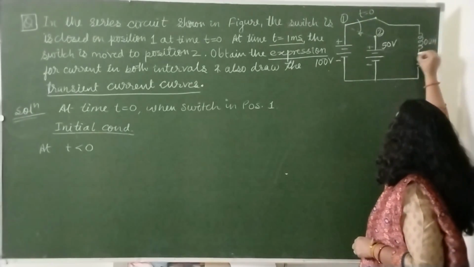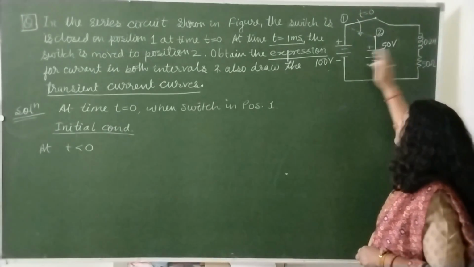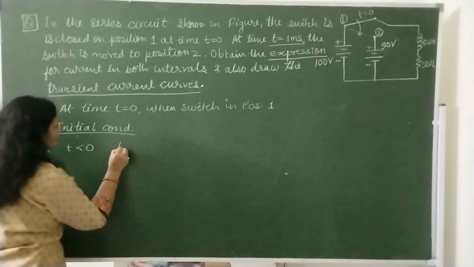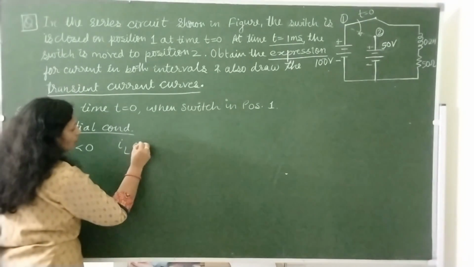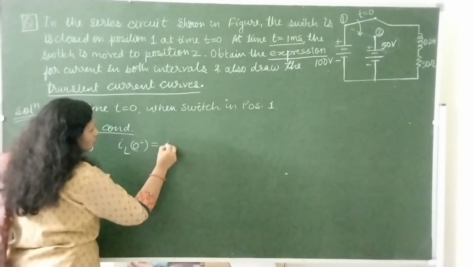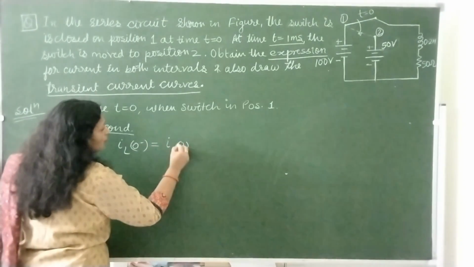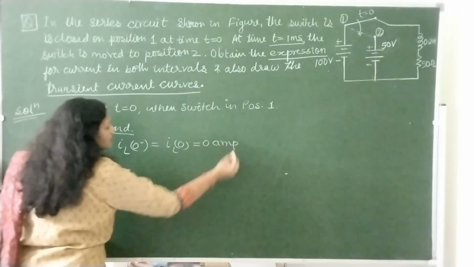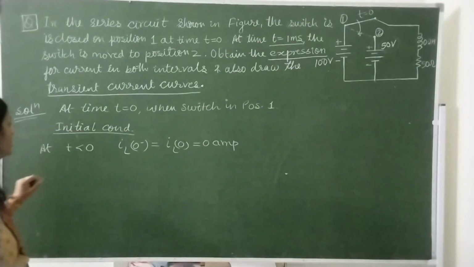So this inductor is getting no energy from this source. So we can say at t less than 0, iL(0-) equals iL(0), that is equal to 0 ampere. So it is our initial condition.